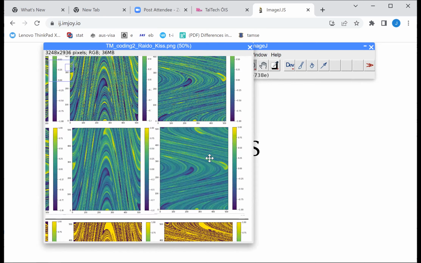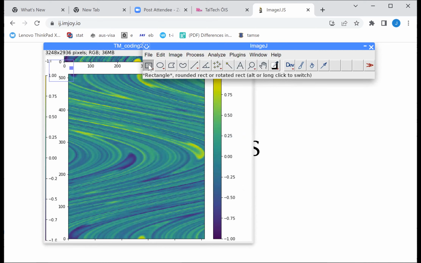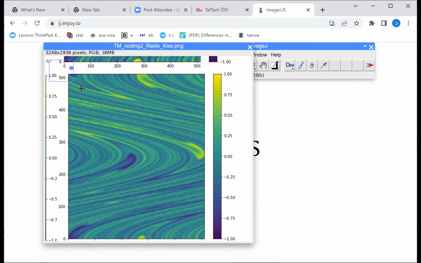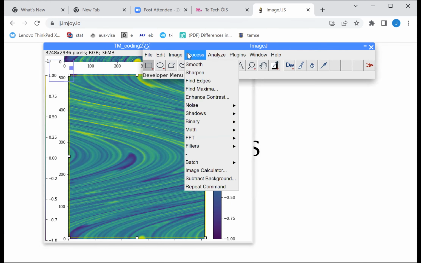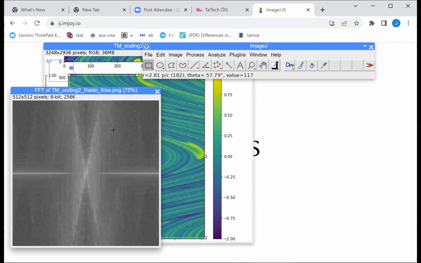Let's zoom in to 100%, and now let us select here some part. And now we take from here process and fast Fourier transform, and okay, here we are. Here is the fast Fourier transform result.